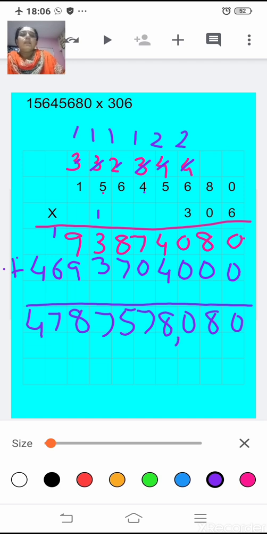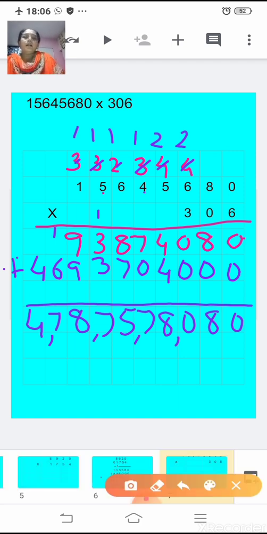So place the comma. Okay, so we have carried out the multiplication with the product of the first number. So this is how you have to carry out the multiplication very carefully.